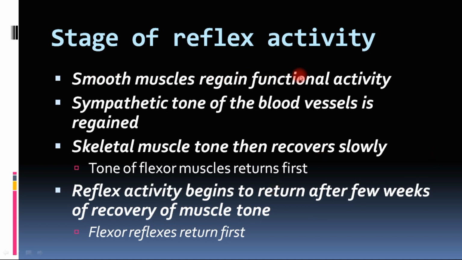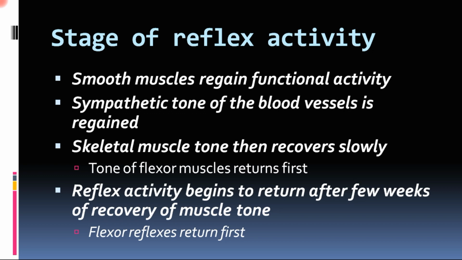The smooth muscles of the blood vessels and of the viscera regain their function. So there will be continence, or control of the urinary bladder, and control over the bowel movements, and the involuntary regulation of the defecation reflex will come back to normal. Not the voluntary control, but the involuntary regulation of those things will come back to normal.